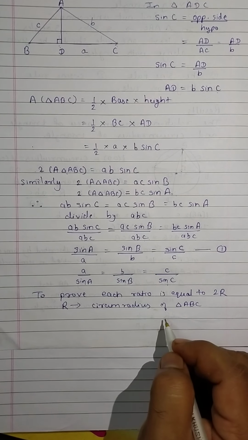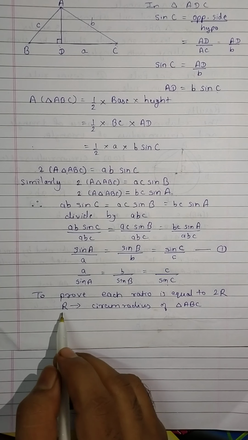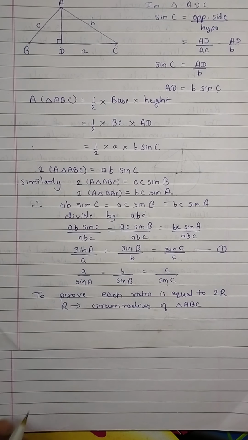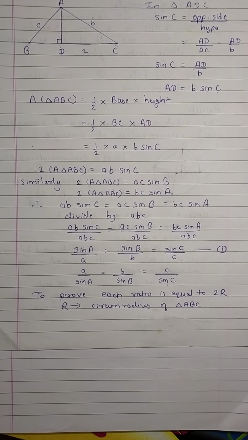Recently we have studied the result which defines the circumradius and the relation of circumradius with the area of the triangle. But now we are proving the separate rule of sine, so we have to again draw the geometry of circumradius of that triangle.